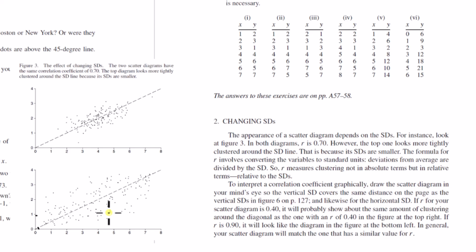Okay, now, because the correlation coefficient is based on the z-scores of the data points, or the standard units, we know that standard units are relative, specifically relative to the standard deviation.